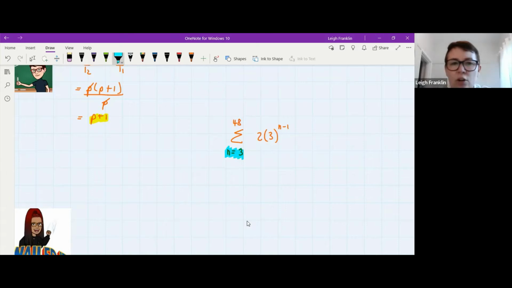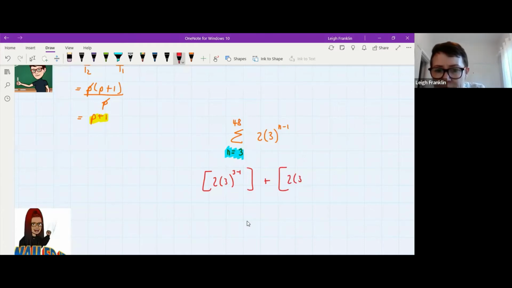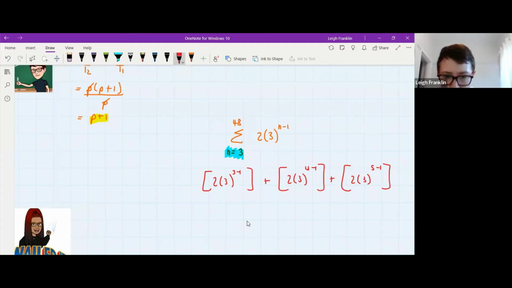If we look at this one, when we sub in 3, our first term is 2 times 3 to the power of 3 minus 1. Then our second term is 2 times 3 to the power of 4 minus 1. Then our next term is 2 times 3 to the power of 5 minus 1. Sorry, I obviously didn't know that I was going to be doing this. So 3 squared, the first term would be 18, right?